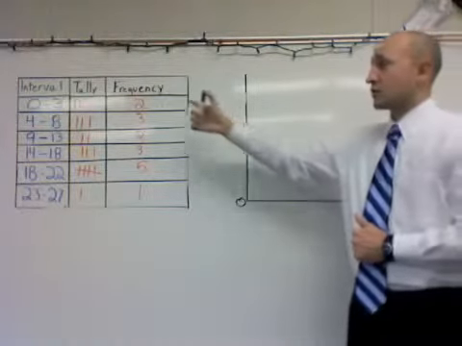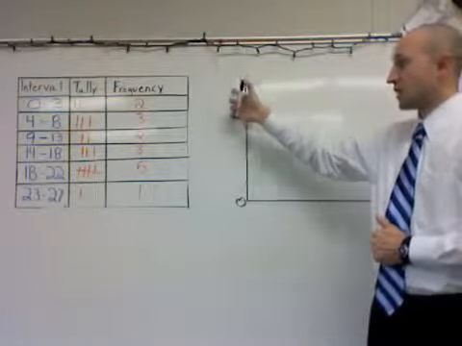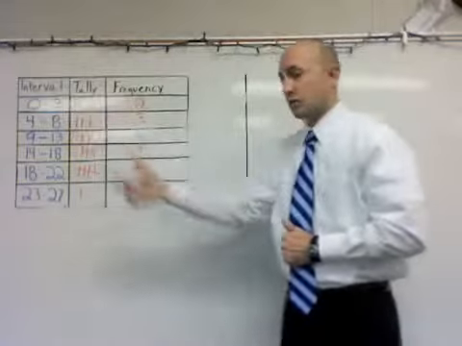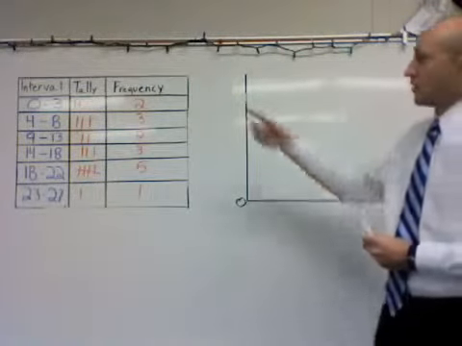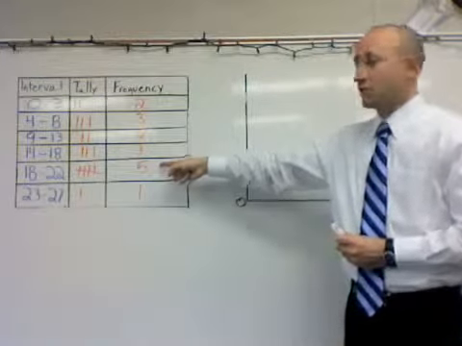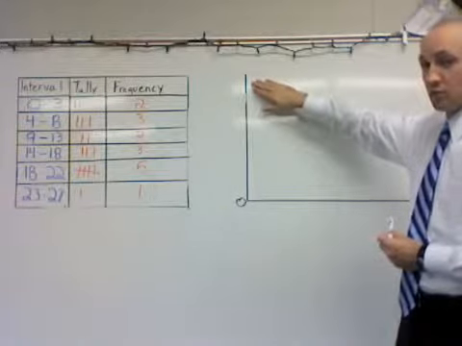Now, we're actually going to use our frequency table to help us create the histogram. And the reason why is our frequency is going to be represented on the side. Remember, that's the number of people. And our intervals are going to go down here. So let's start to put that together. Well, if we start with the frequency, we know that our highest number was 5. So I'm definitely going to want to have 5 be up toward the top.